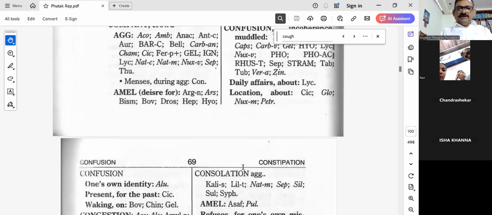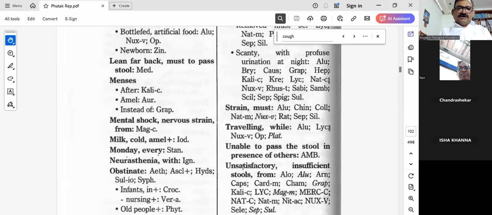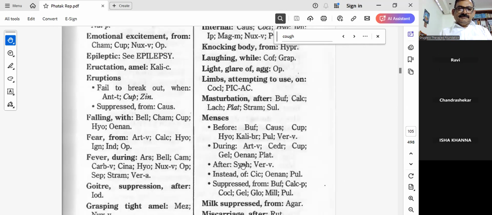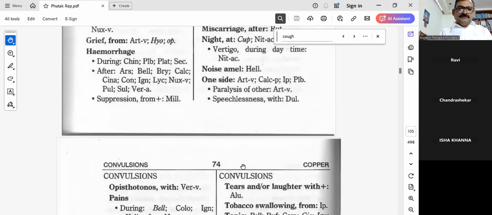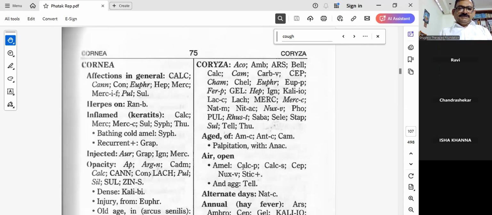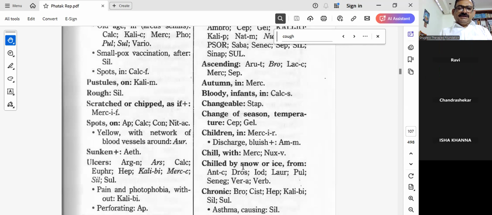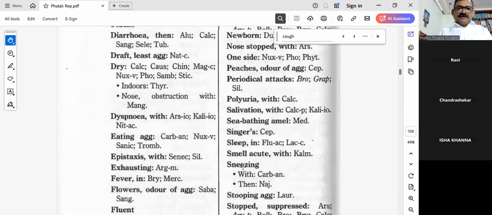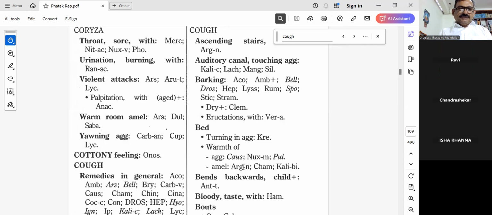Yeah, it is all like a dictionary. It is arranged in alphabetical order. So, see now, CON coming, COUGH is a cough. And I already discussed yesterday, I am going to make you a case taking record sheet so that you will be able to fill that and come to the conclusion.